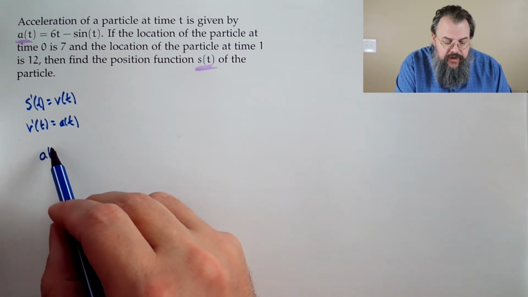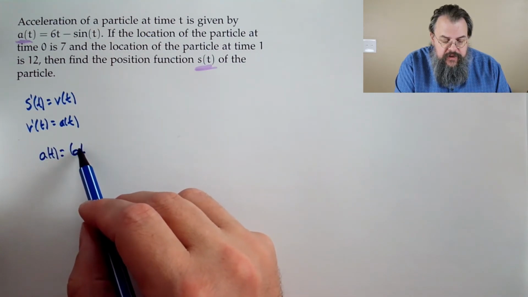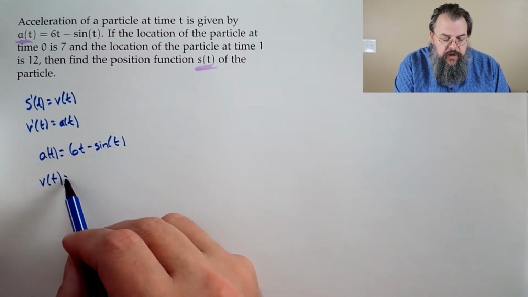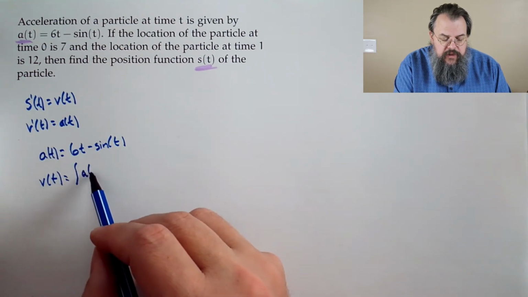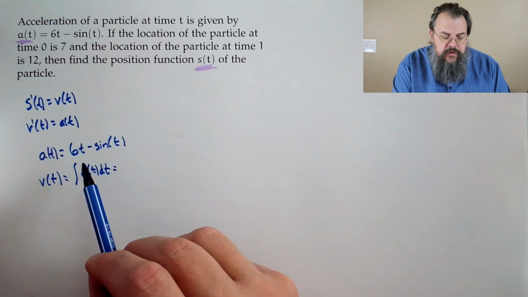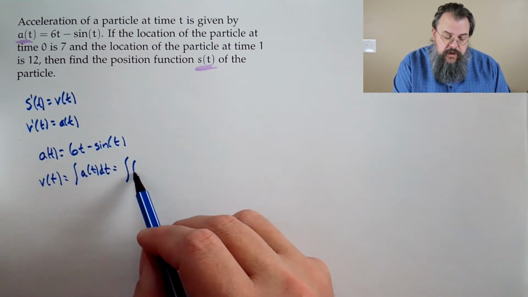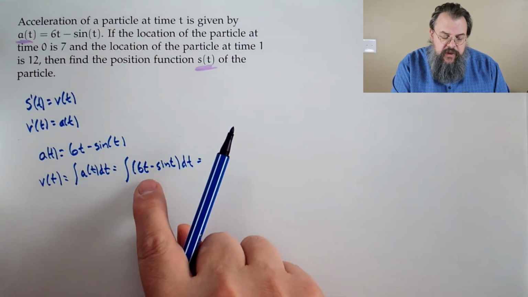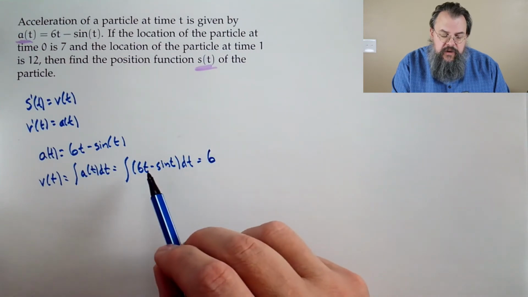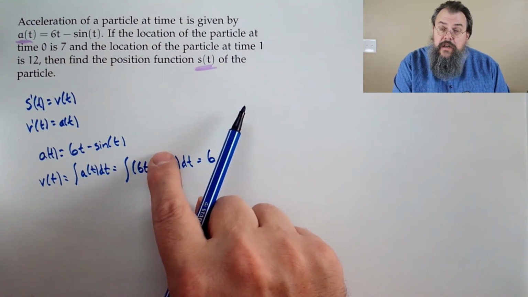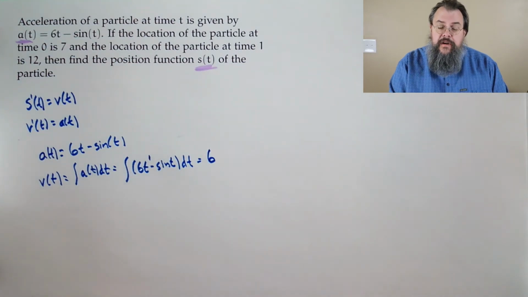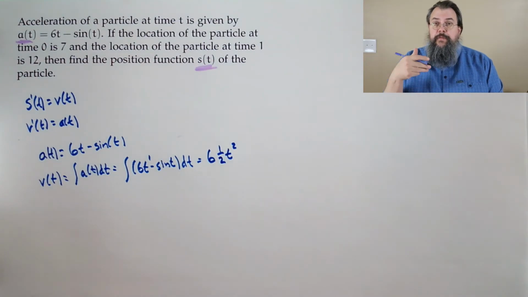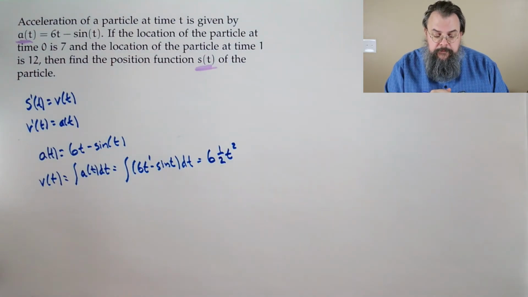Our acceleration, we'll write it down for reference here, 6t minus sine of t. Velocity is the integral of acceleration. So we're going to integrate our function 6t minus sine of t. The integral of 6 times t, well, 6 is a constant. Integral of t, I'm thinking of this as t to the 1. So you add 1 to the exponent, t squared, divide by 2, or multiply by a half.